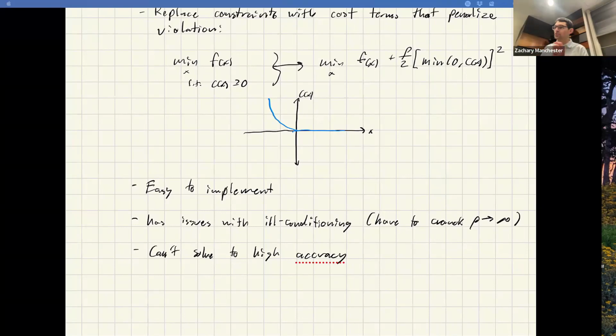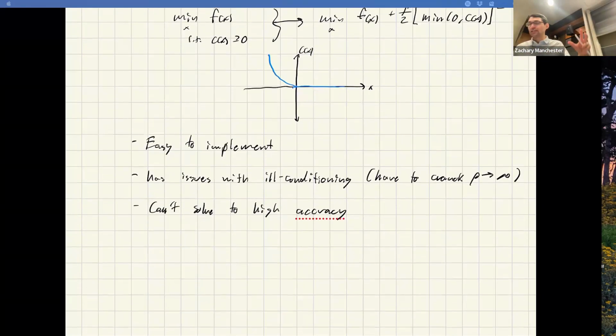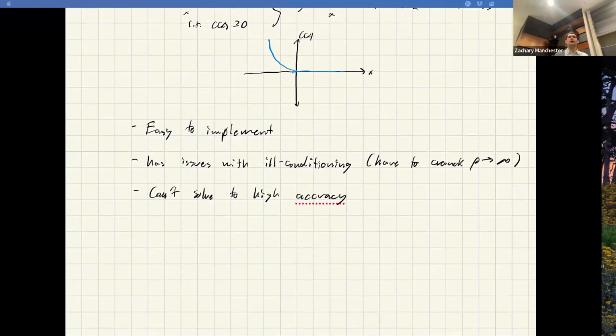Okay, so the last note on this. Everyone's known about this. People have been doing this since computers were invented. So there have been lots of hacks on top of this to try to fix the ill conditioning issue, some more legit than others. One of the more legit ways of fixing this is called the augmented Lagrangian method. My lab spent a lot of time working on these methods, and if you go back to previous years in this class, we spent a lot of time talking about AL.